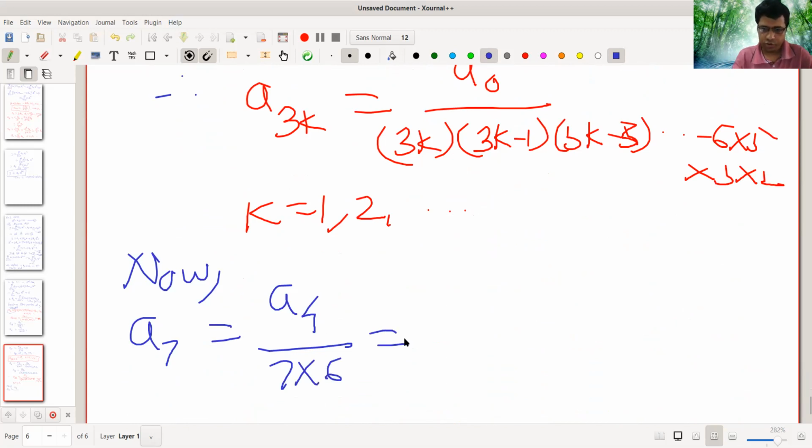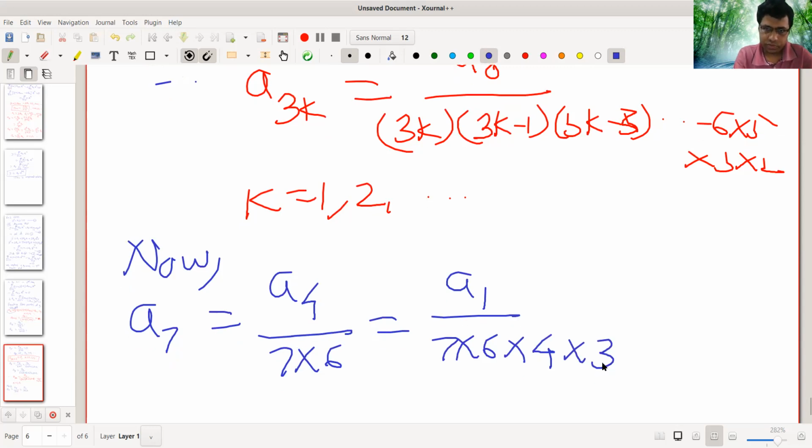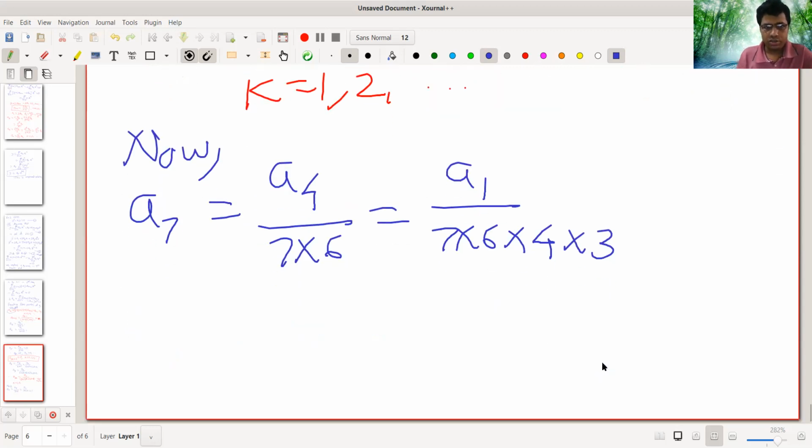But A4, 4 minus 3 is 1. So A4 is A1 divided by 4 into 3. So from A1 we find A4, from A4 we find A7. So gap is 3. 1 plus 3 is 4, 4 plus 3 is 7, 7 plus 3 is 10.